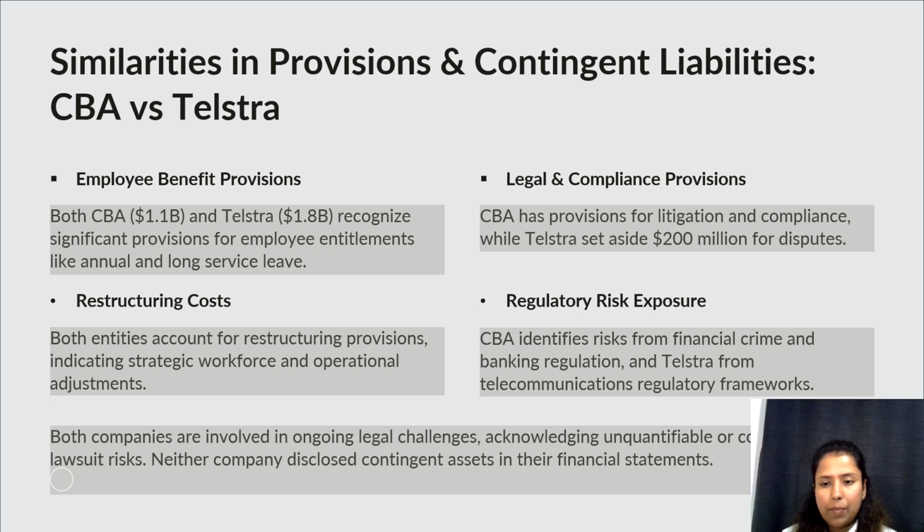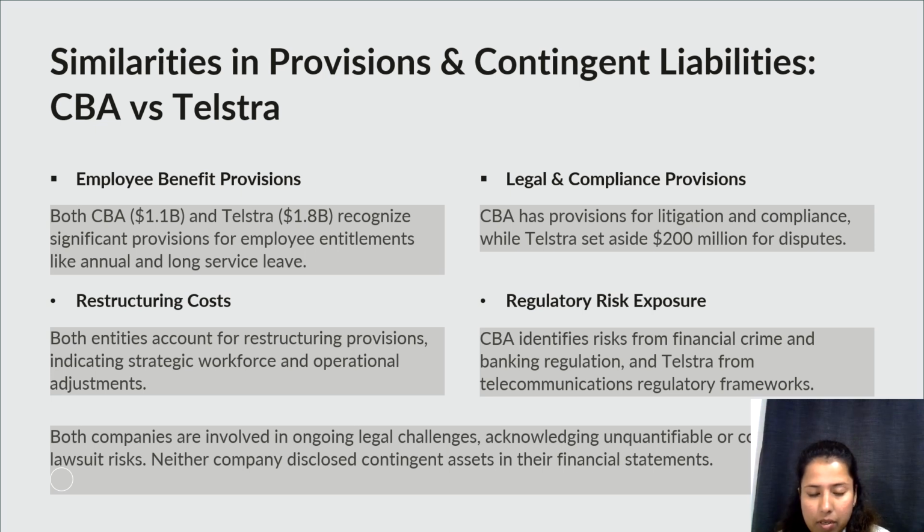Next is the legal and compliance provision. CBA has a provision for litigation and compliance, while Telstra sets aside 200 billion for disputes. Next is the restructuring costs. Both the entities account for restructuring provisions, including strategic workflows or operational adjustments.